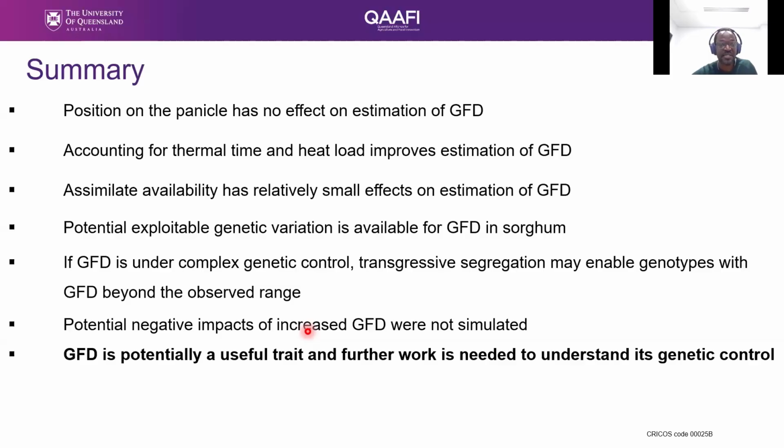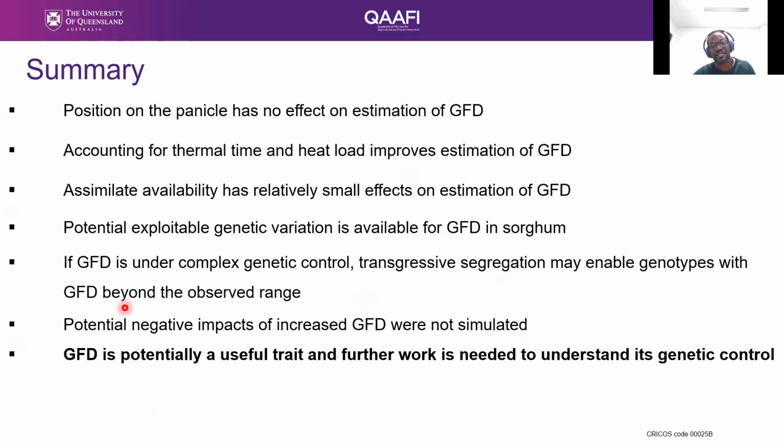Another thing which is important for many production systems is how these longer filling genotypes will fit into the current cropping systems, especially for growers that are doing multiple cropping. If longer grain filling genotypes stay longer in the field, it means they may need to mine the available water resources, especially in the lower soil levels.